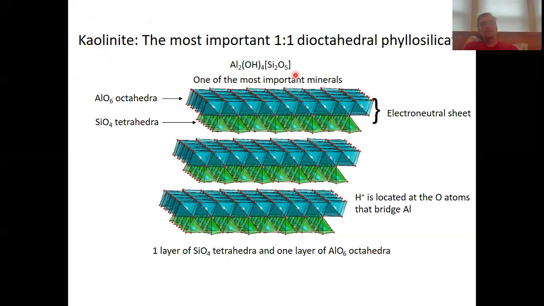And you see here the overall structure. Here an AlO6 octahedral layer is fused with an SiO4 tetrahedral layer, whereby you have 4 protons, as shown here in the formula, that protonate oxygens on that side of the octahedral layer.